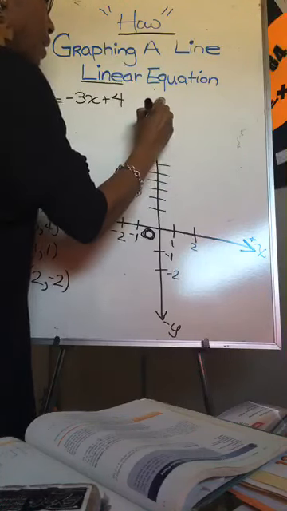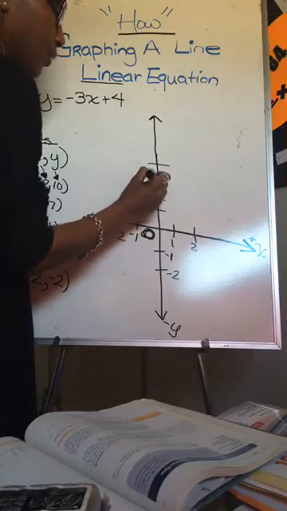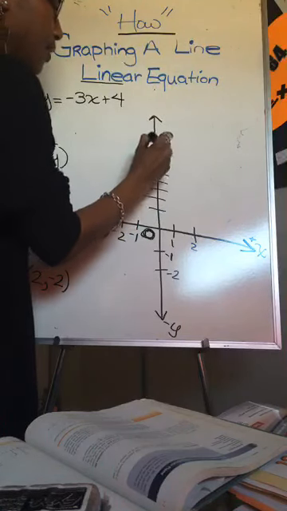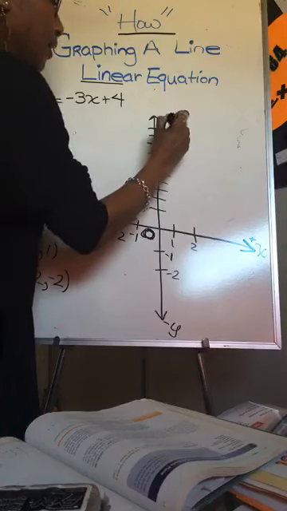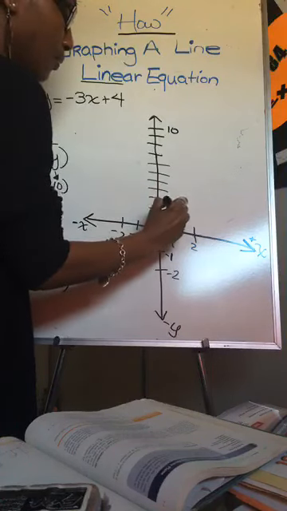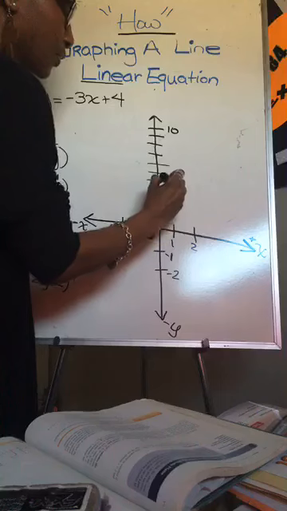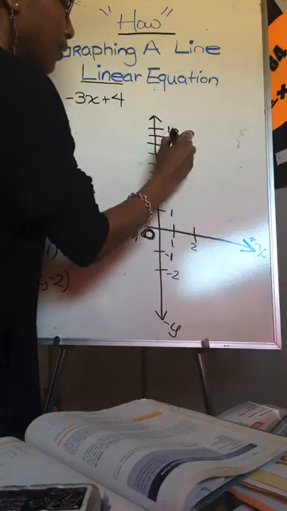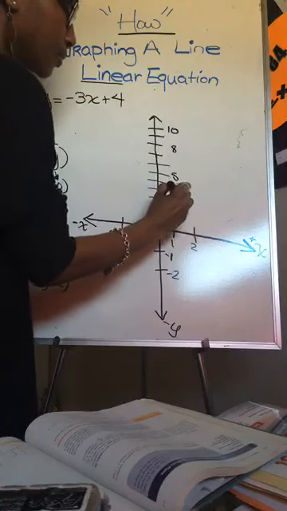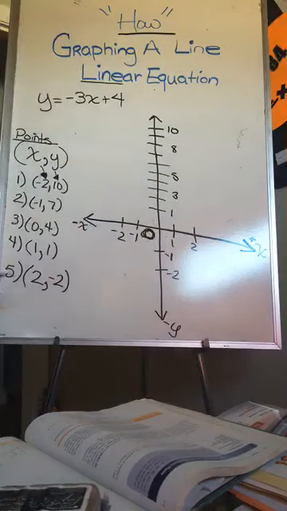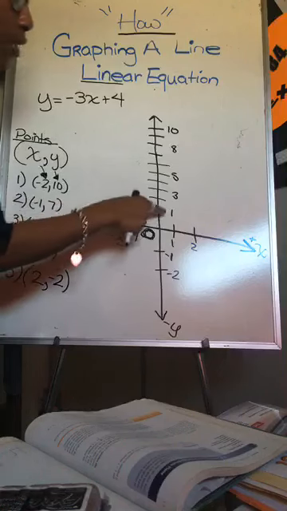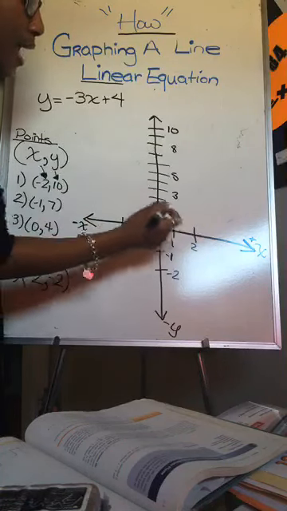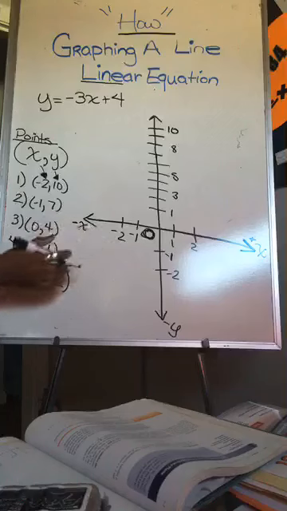So 1, 2, 3, 4, 5, 6, 7, 8, 9, 10. Wow. I'm just going to space it out, but if you want to put all your numbers there, that's fine.